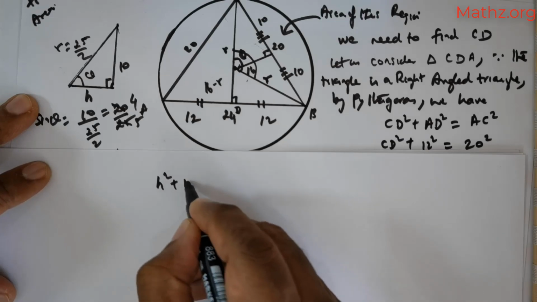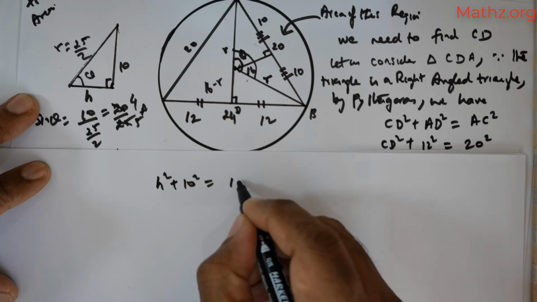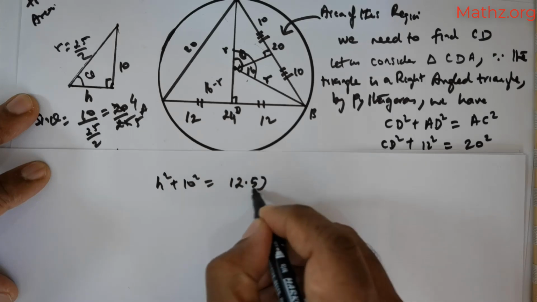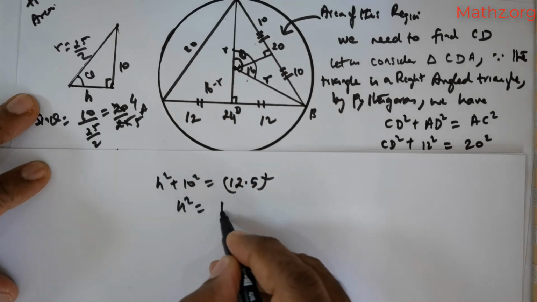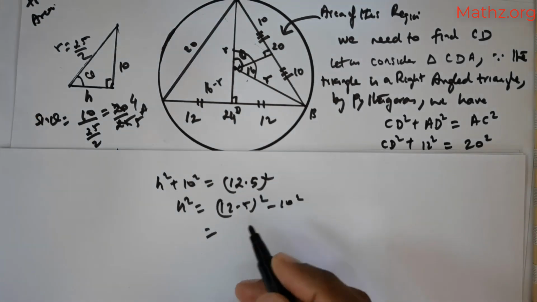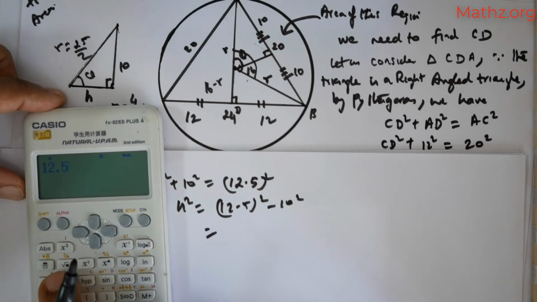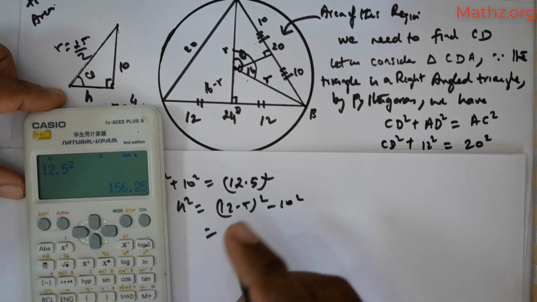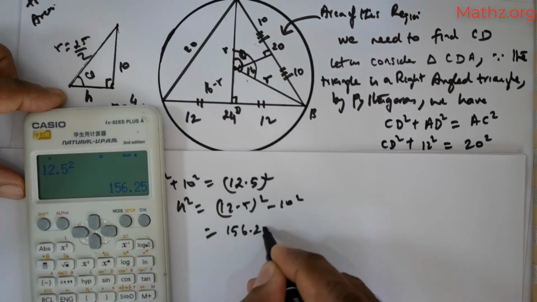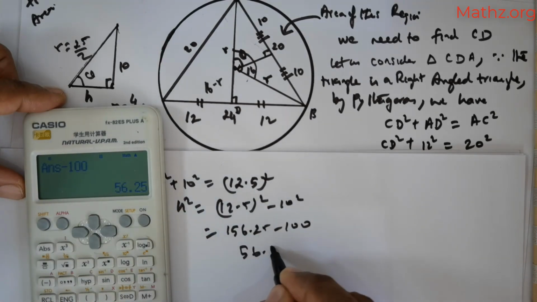So h squared plus 10 squared equals 25 divided by 2, that's 12.5 squared. So h squared is going to be 12.5 squared minus 10 squared. 12.5 squared is 156.25, minus 100, I would be getting 56.25.